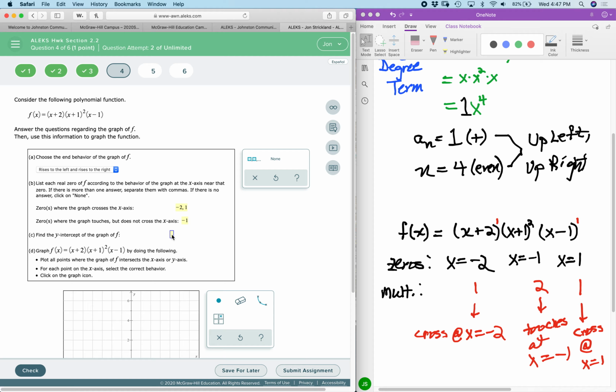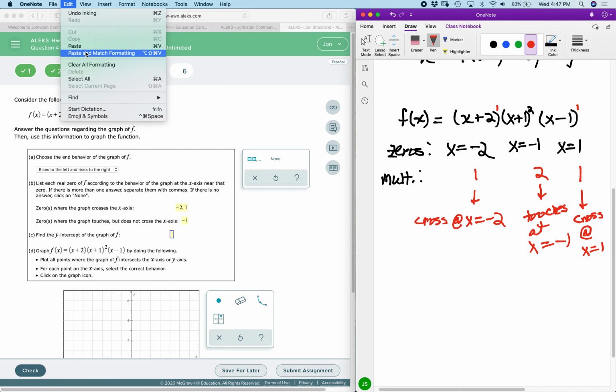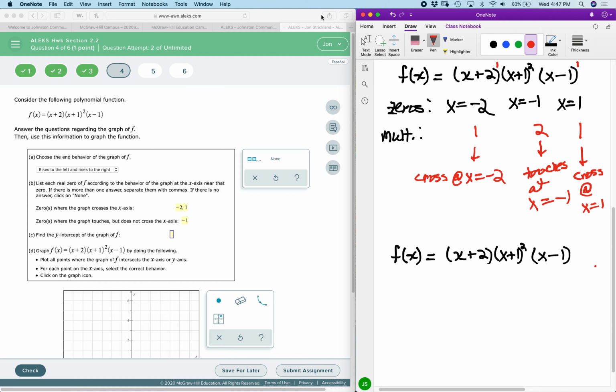Now, in the case of the y-intercept of the graph, going back to our function, the y-intercept will be where x is at 0.